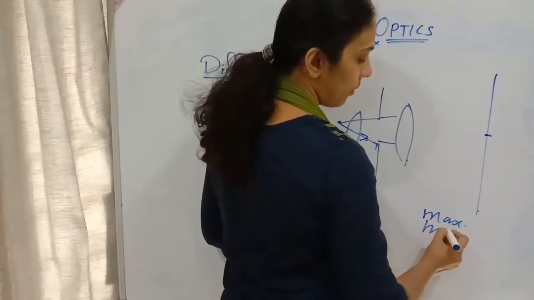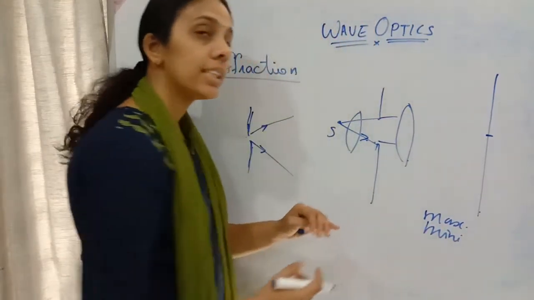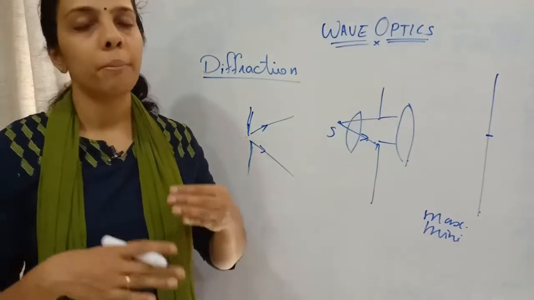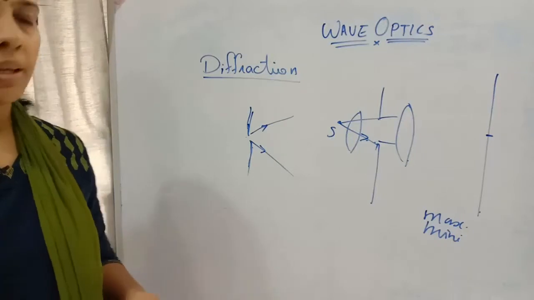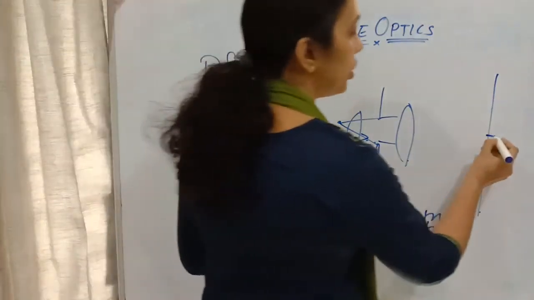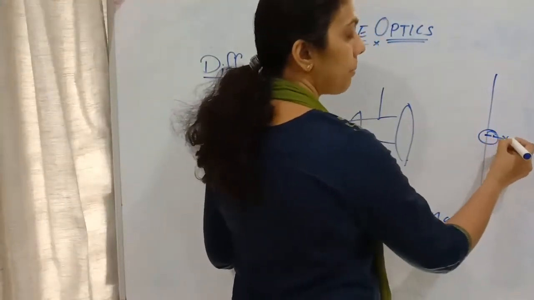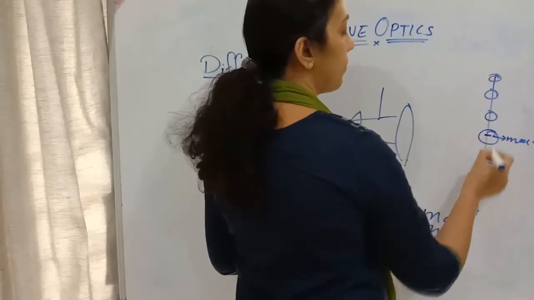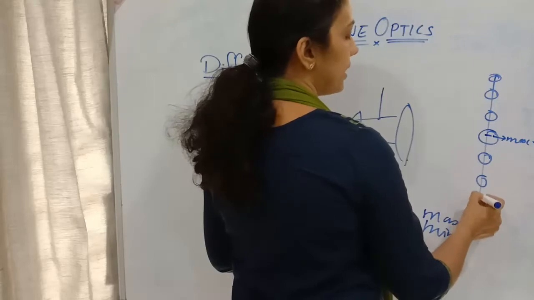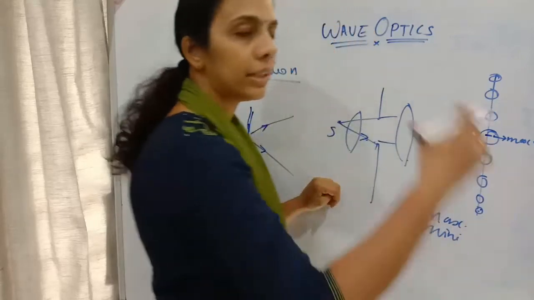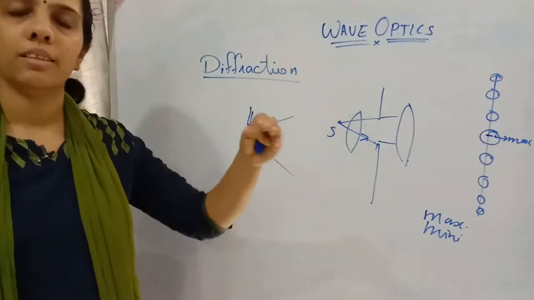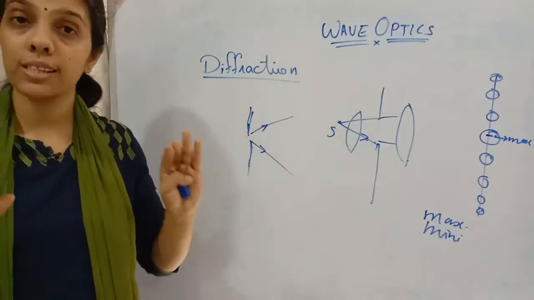What is maxima? Light intensity is maximum. Minima means light intensity is minimum, which means complete darkness. At the center position we get the maximum brightness, and when we move to the nearby bright fringes, the intensity is reduced.